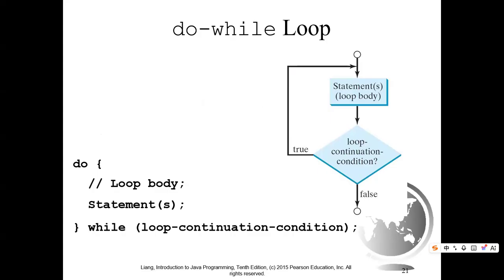But in the while loop, while something is true and then do, maybe if in the beginning the loop continuation condition is not satisfied, the loop body may not even execute once. Maybe never execute. So that's the difference.